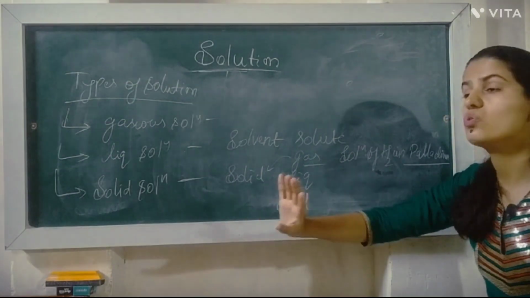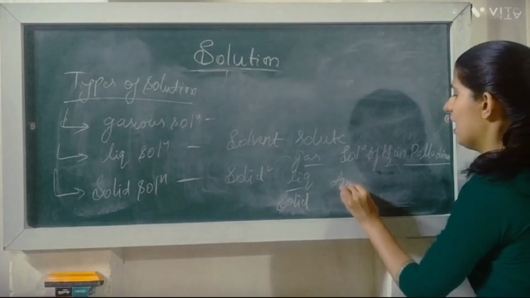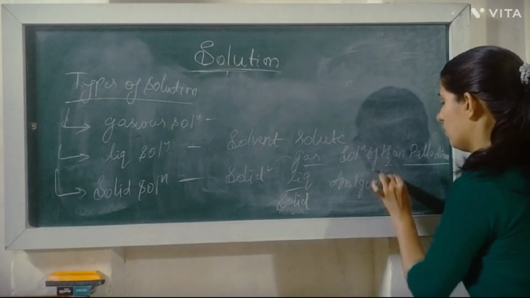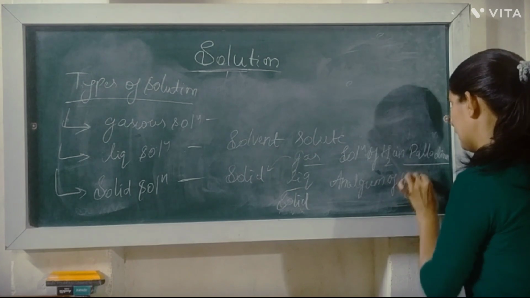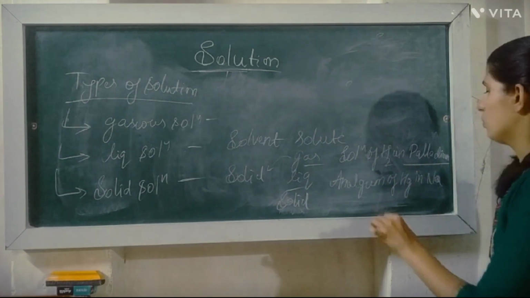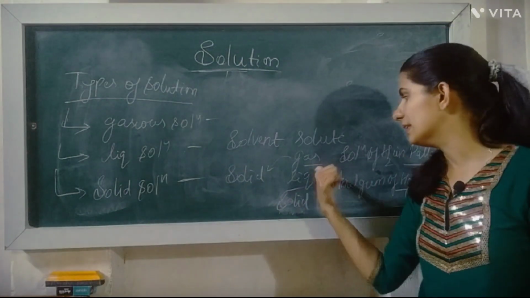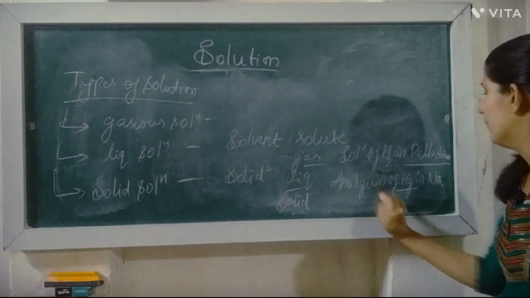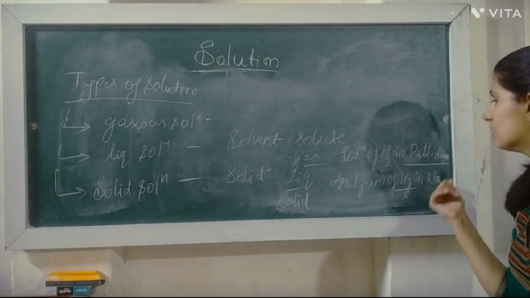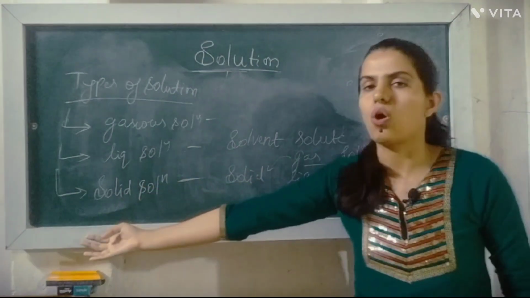We get an amalgam of mercury in sodium. Mercury is present in liquid form at room temperature. When we add this to sodium metal, we get an amalgam which is in solid form. So it's an example for solid solution again.